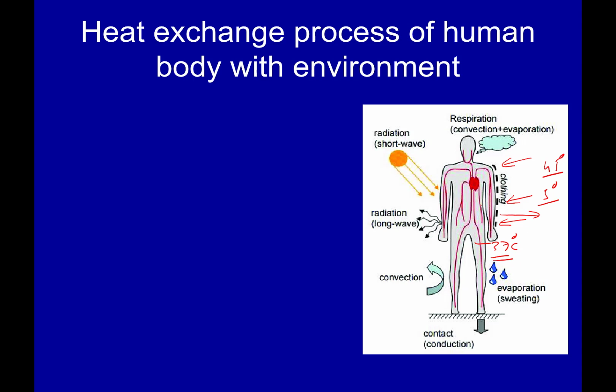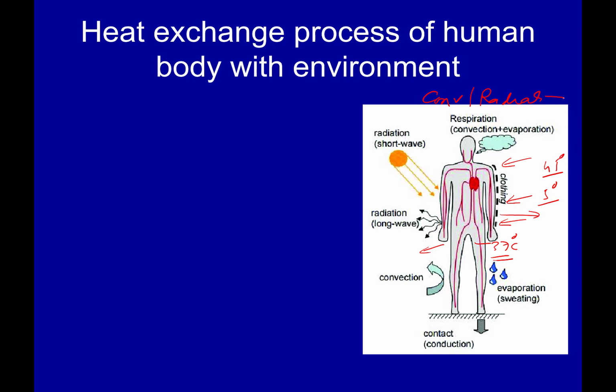So there are certain modes of heat dissipation or heat transfer or heat exchange, in which heat can be transferred to the body or away from the body. The typical examples of this are convection and radiation in both cases.